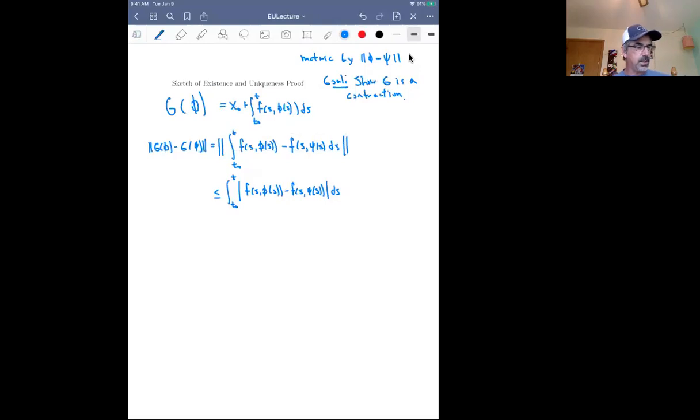Again, what did I just do? I just brought the absolute value inside, and that changes the equality to a less than or equal to. I did that at some cost. I no longer have equality there.